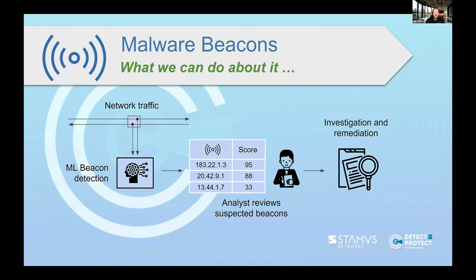JA3S is a mechanism for hashing handshakes in a TLS session, and this is the server side of that hash, used to identify the type of communication, things like certificates. A lot of times you could have multiple IP addresses where the beacon is heading with the same JA3S. So there have started to be some JA3S indicators of compromise out there that you would be able to pull into an IDS to help with this as well.